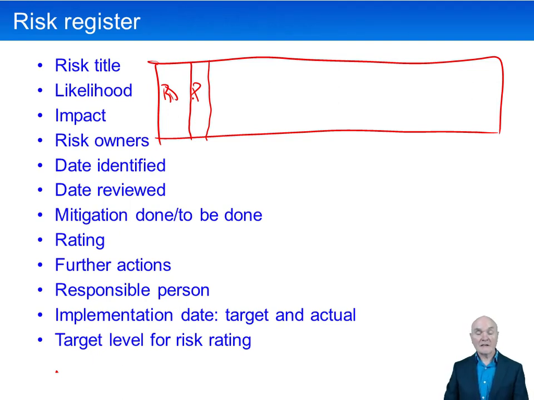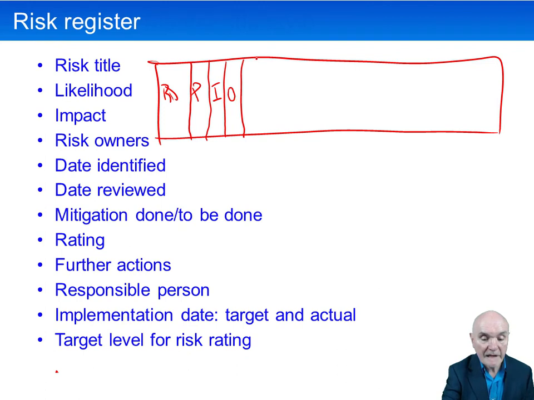And you assess that. Then out here you have the impact: how much is this major customer likely to owe us? Then the risk owner is who's responsible for this, who's going to be given the responsibility to do something about this risk.